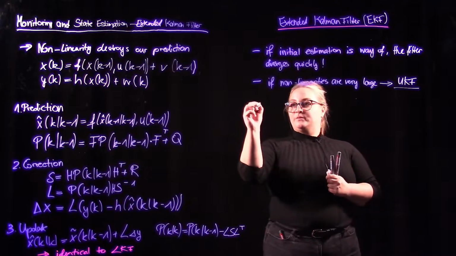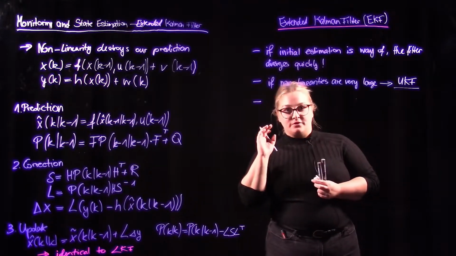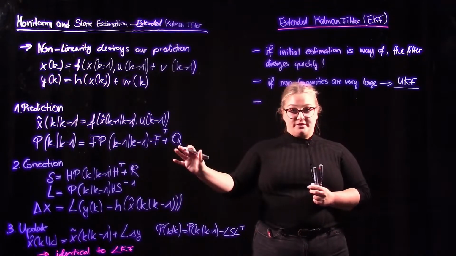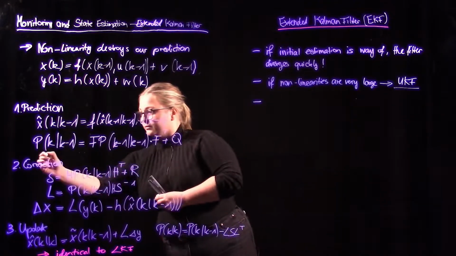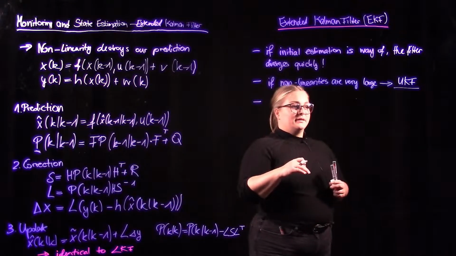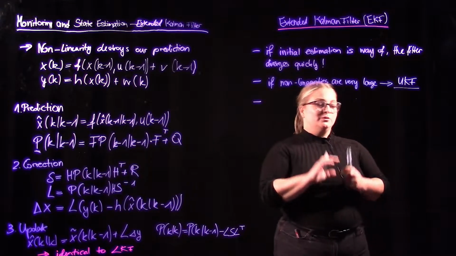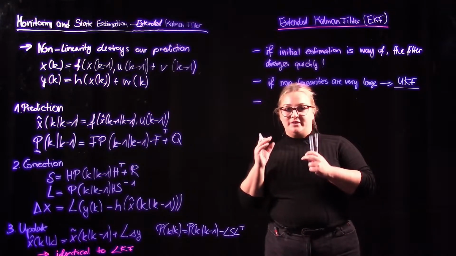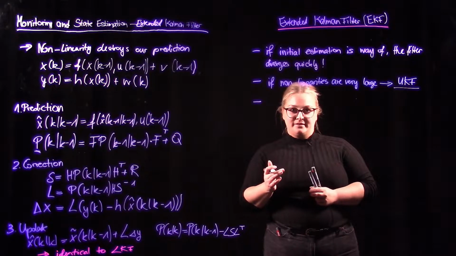Also, second problem, the covariance matrix that we estimate for this, so the P, always, or almost always, underestimates the actual covariance.